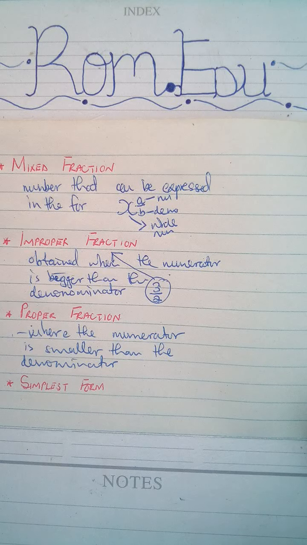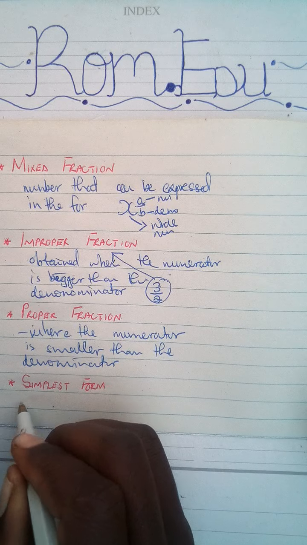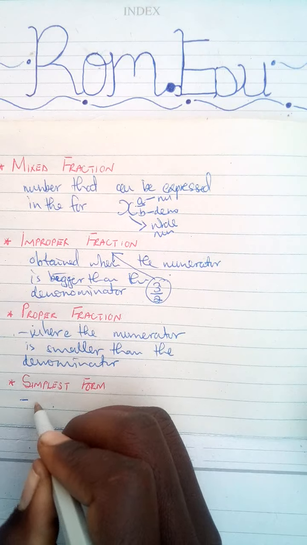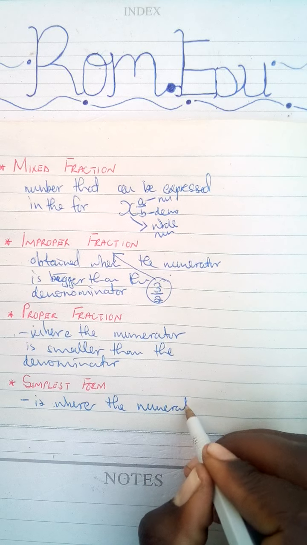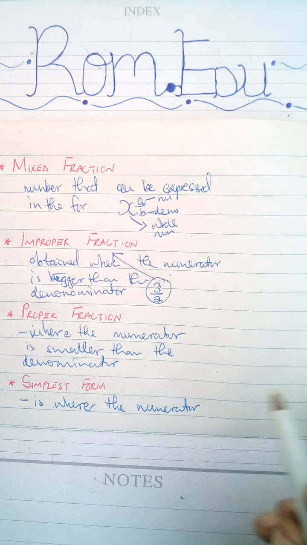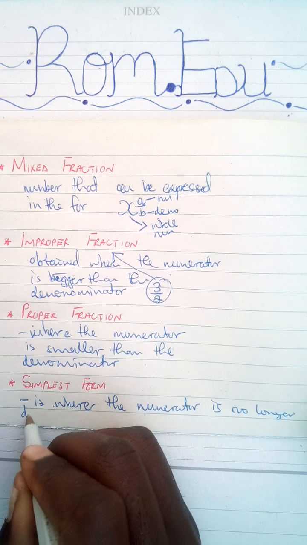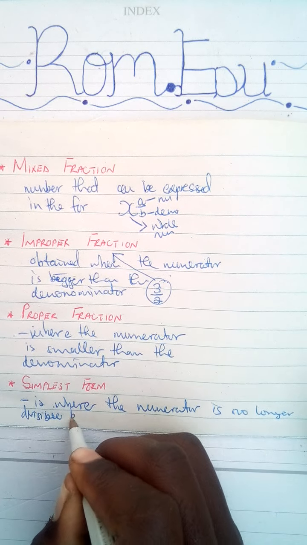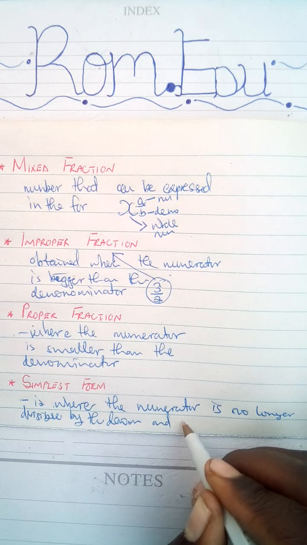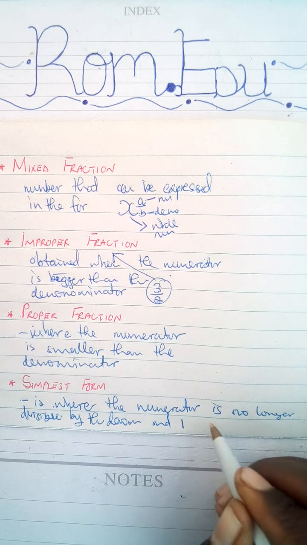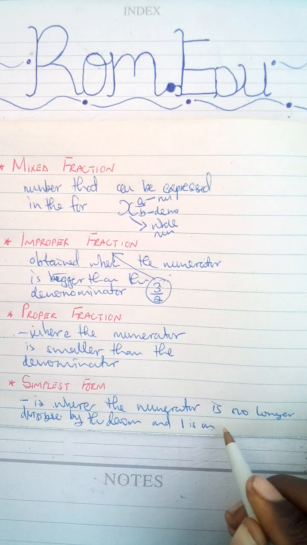When we say leave your answer in the simplest form, the simplest form is where the numerator is no longer divisible by the denominator, and also 1 is the only number that can divide the numerator and the denominator.